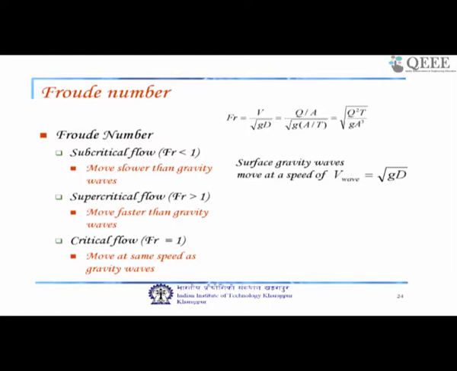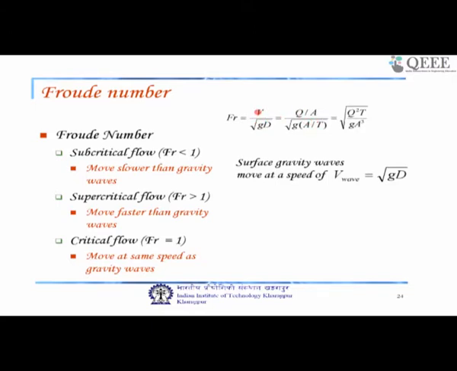Basically, this Froude number is the ratio between the inertia force and the gravity force, and the gravity component here is important, and this Froude number is defined as velocity or average velocity divided by root over g into this hydraulic depth or A by T.